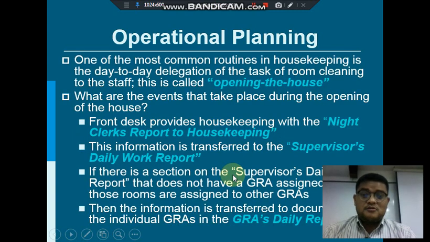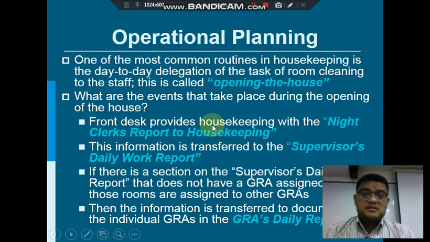Number one, or the first part of the chapter, is forms and report. During opening the house, guys, opening the house here means beginning of the shift or beginning of the day. Here it refers to the morning shift duties. During the opening the house time, front desk will provide housekeeping with the night clerk report.